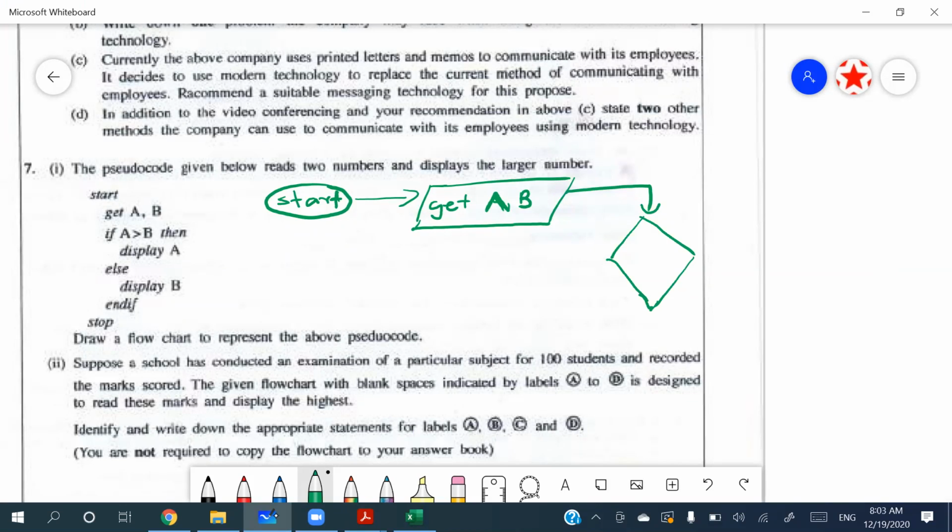And your question, it's better you start it with: is A larger than B, question mark, right? Then you have to say what should be in the yes path and what should be in the no path, right?